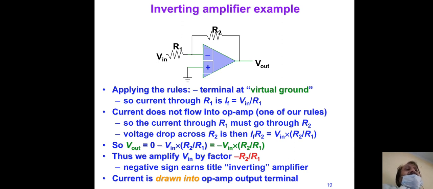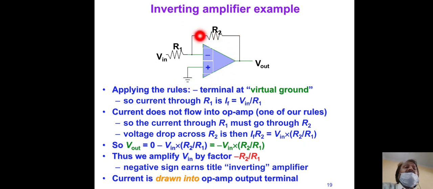Now the inverting amplifier is considered here. You are connecting negative feedback. The inverting terminal is the negative one. R1 and Vin, the input voltage, are applied to the inverting terminal, and the non-inverting terminal of the operational amplifier is grounded.